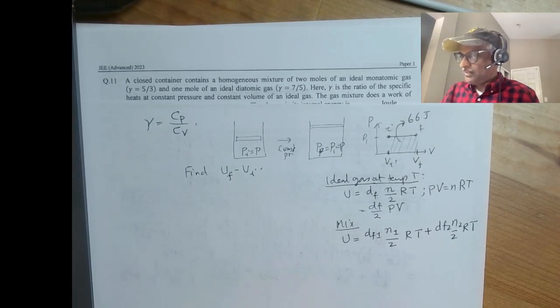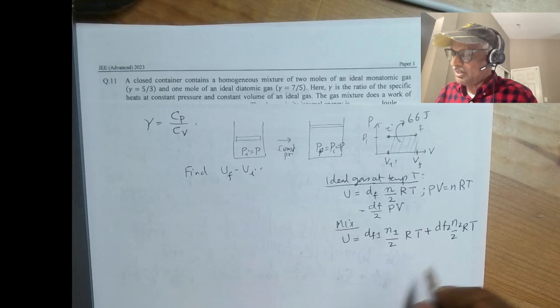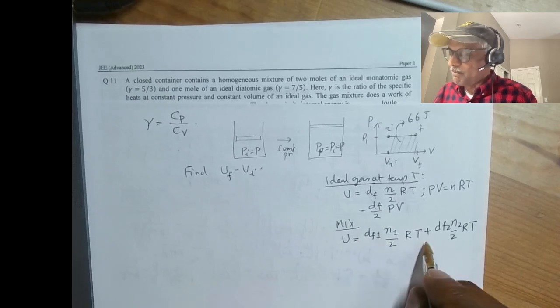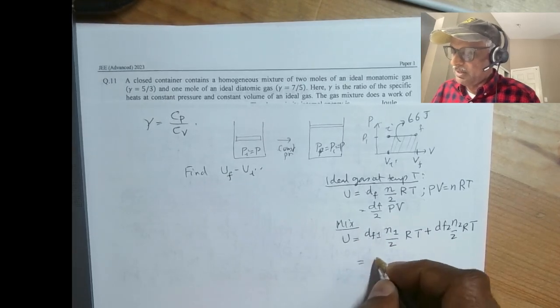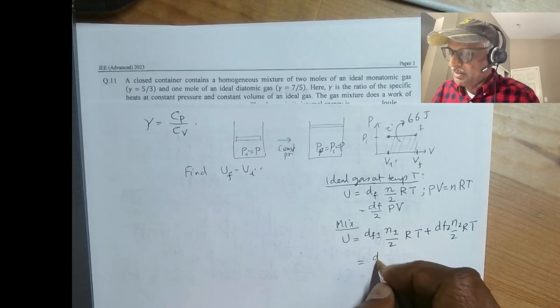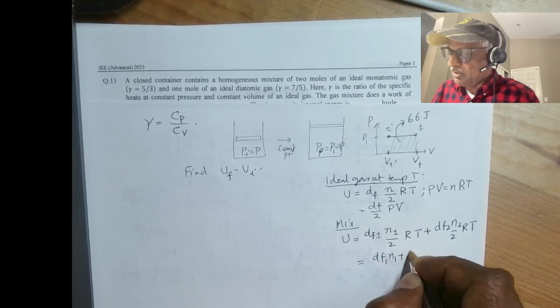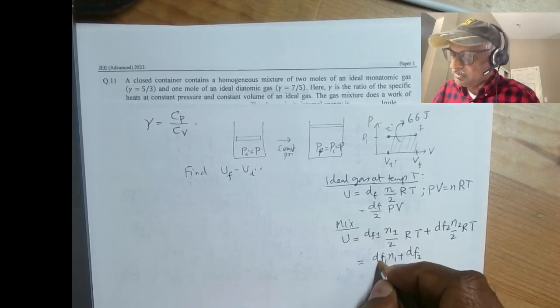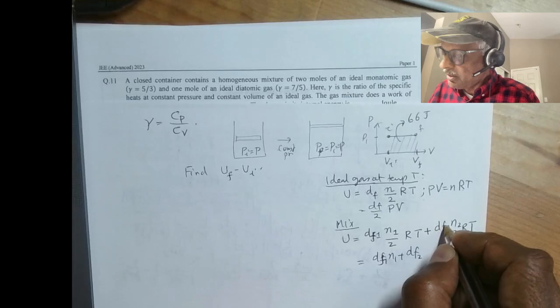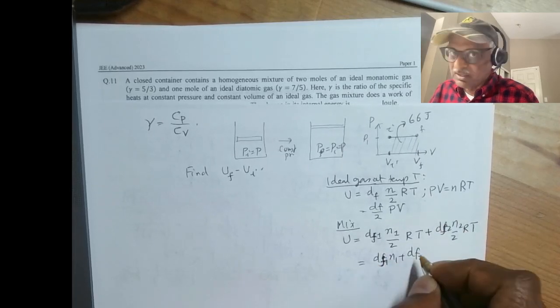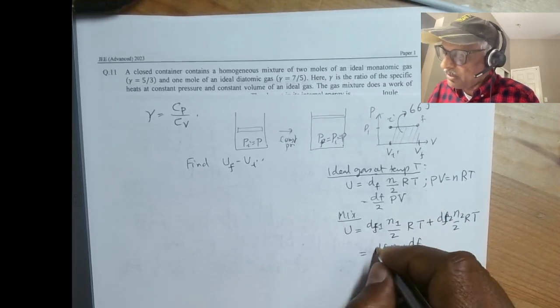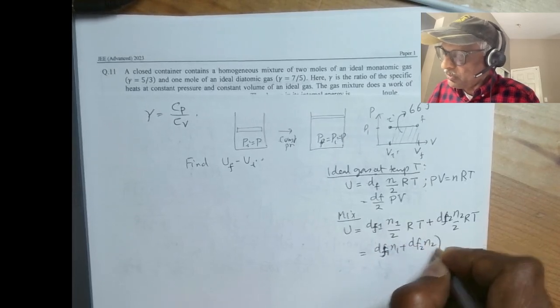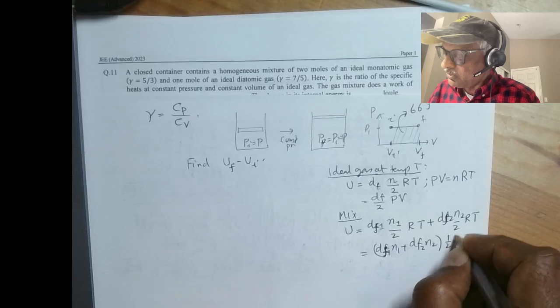So basically it turns out to be df1 N1 plus df2 N2, times half RT.